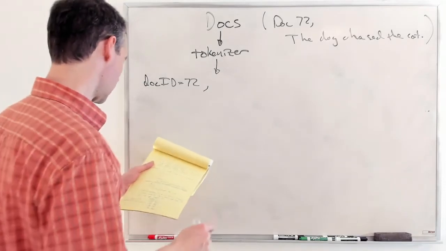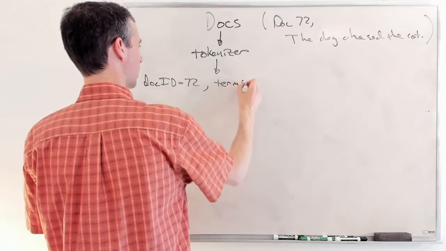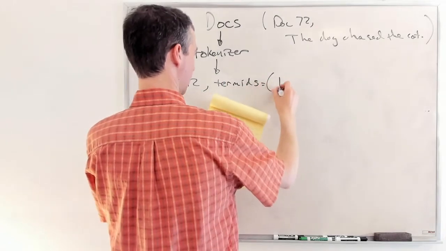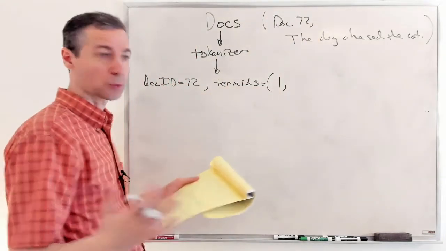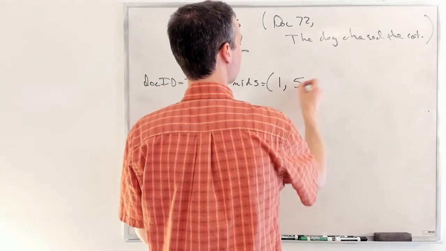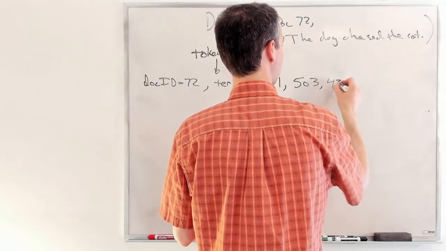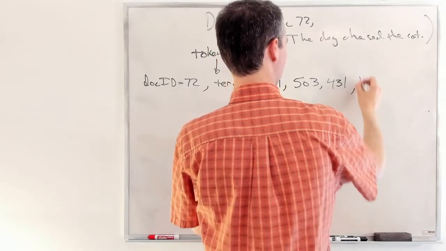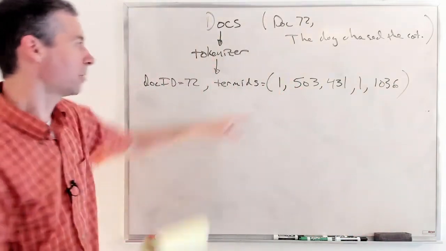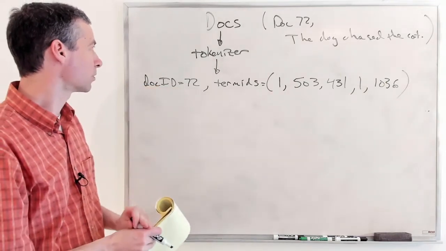So we're going to know our doc ID, and we're going to have term IDs given to us, which could be like 1 for the, maybe it was the very first word ever seen in the lexicon, or the second one, depending upon how we're counting. And then dog was the 503rd word, and then for some reason we had seen chased earlier, and 1 and 1036.